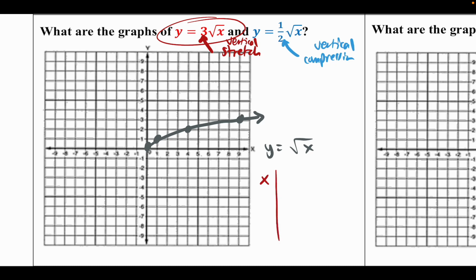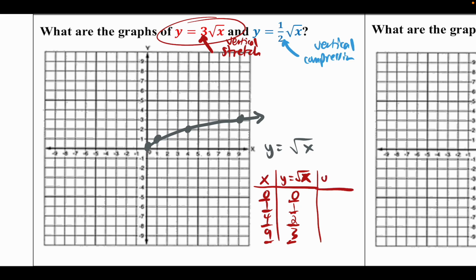So if I normally just plug in x values and get y equals just the square root of x, we know that we're going to get this table of values, because if you square root 0, you get 0. The square root of 1 is 1, the square root of 4 is 2, and the square root of 9 is 3, etc., right?